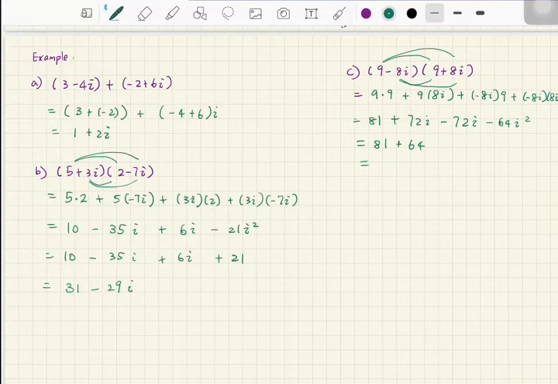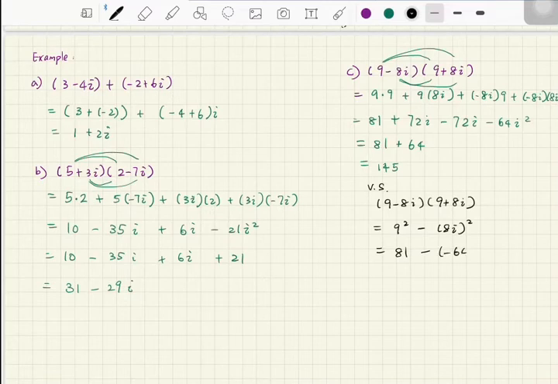So we end up with 145. If I do the formula version, 9 minus 8i times 9 plus 8i, I will do 9 squared minus (8i) squared. 9 squared is 81, minus (8i) squared, which is negative 64. So we still do 81 plus 64, and get 145.